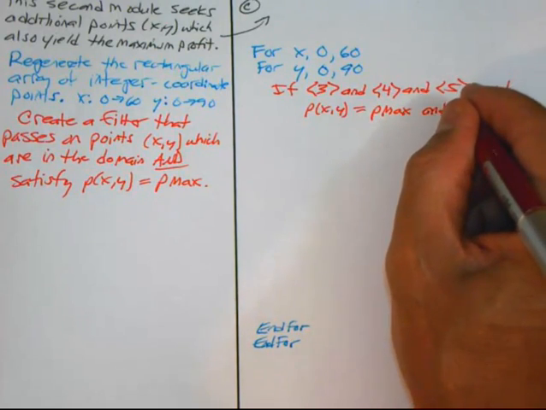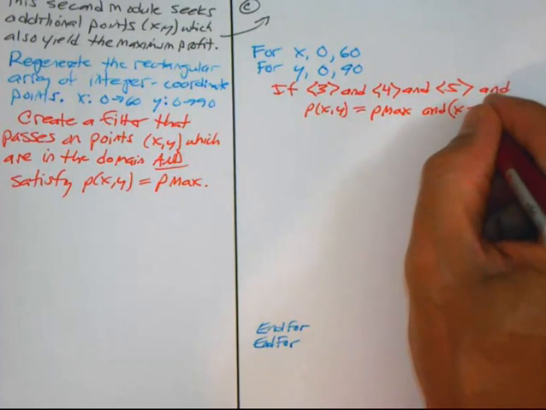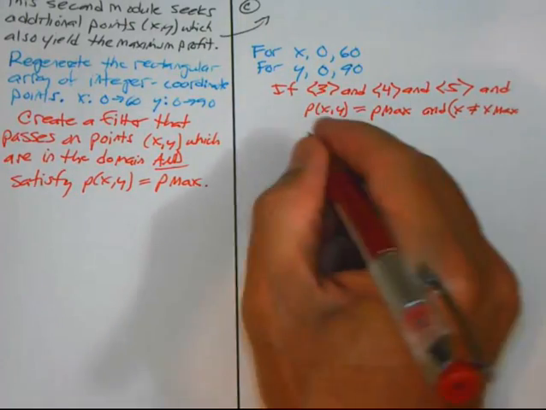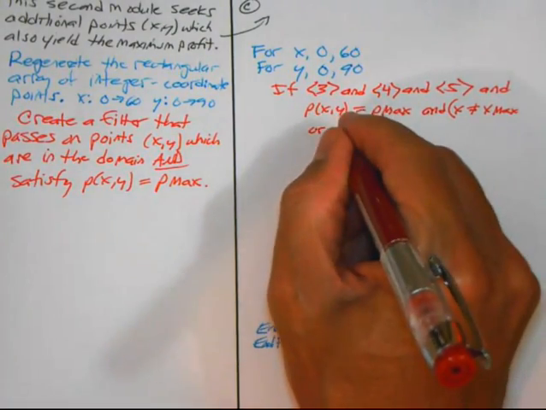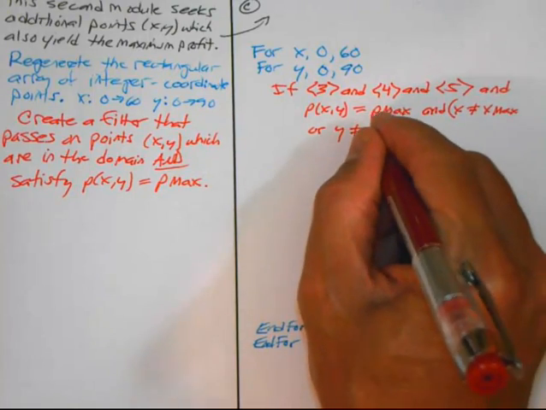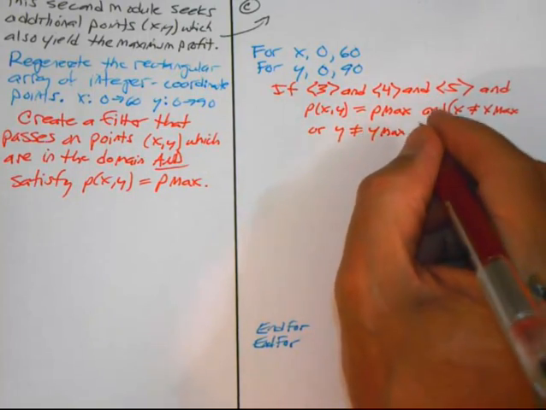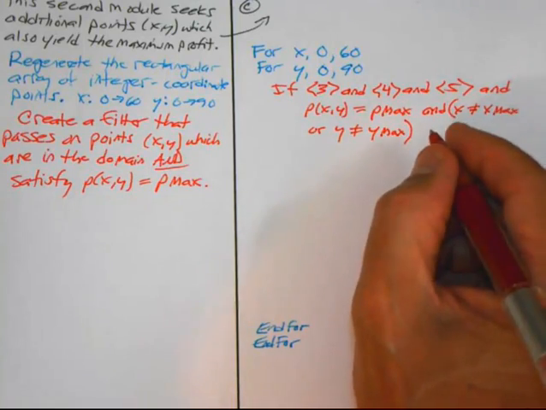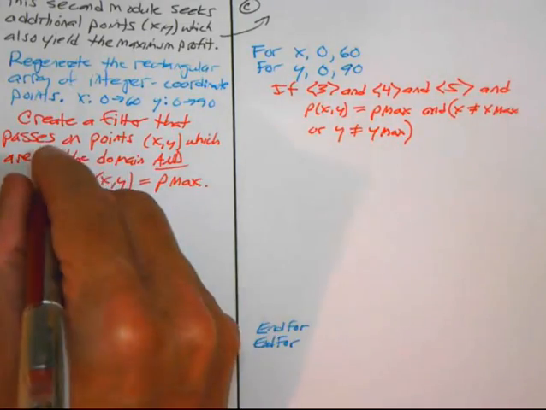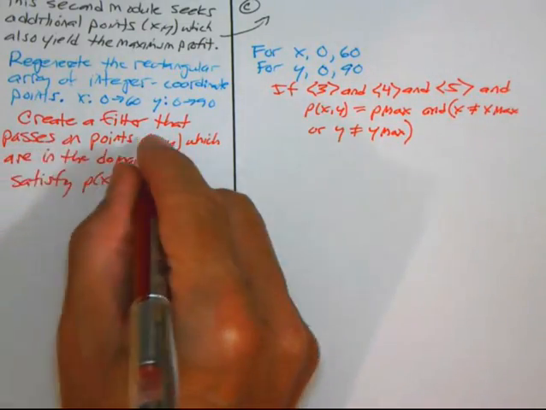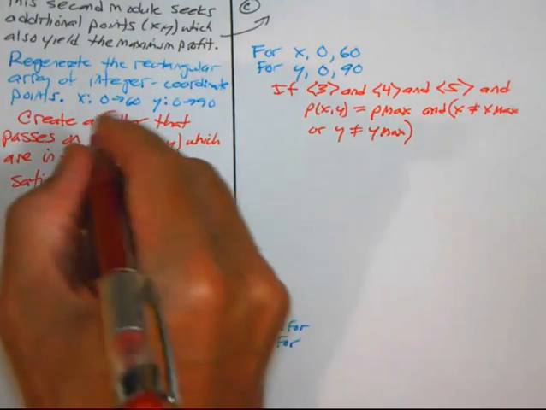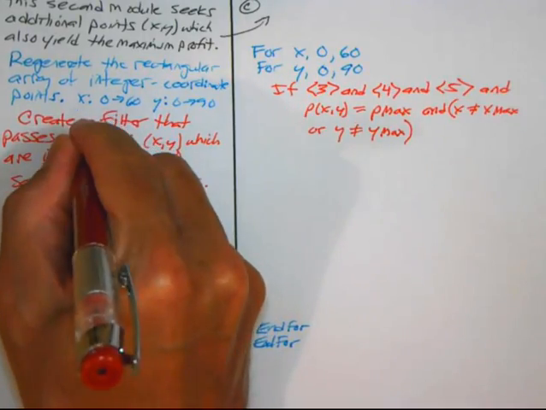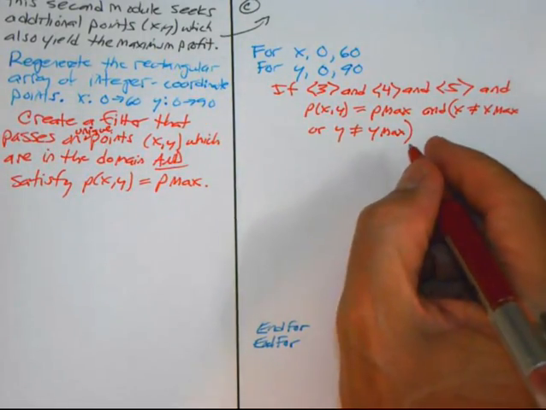So I now actually need a parenthesis to say x not equal to x max, or y not equal to y max. Okay, so it's got to satisfy one of these two conditions, otherwise it's not a unique point here. So we might even change our description a little bit. We are creating a filter that passes on unique. Maybe squeeze that in.